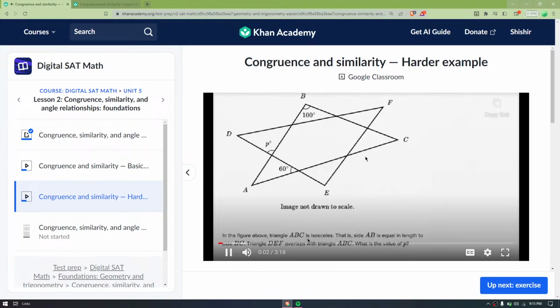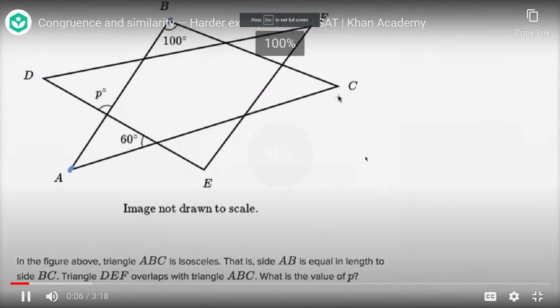In the figure above, triangle ABC is isosceles. So this big triangle ABC is isosceles, which means two of its sides are congruent, have the same length.